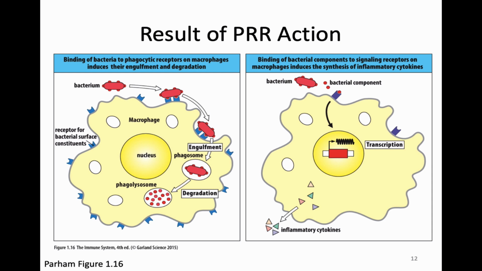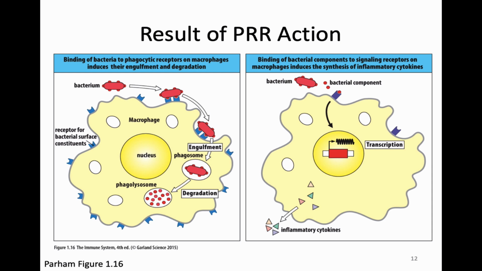However, this is not the only thing that happens as a result of the microbe binding to the PRR. You can also see a signal transduction cascade, which is indicated here with a black arrow, that leads to changes in transcription in the cell.